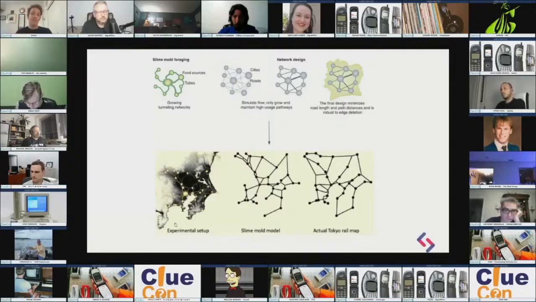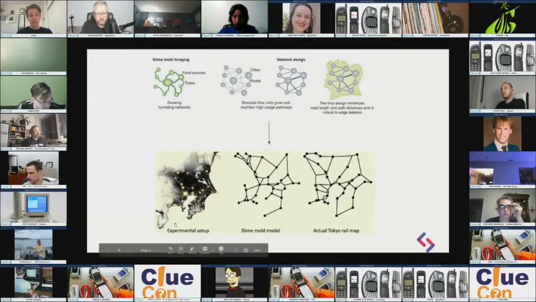So as the slide says, sort of at the final design, it started sort of over here with the food sources and little tubes. And then the network design for cities and railroads, it turns out humans have sort of optimized themselves along similar pathways. Down at the bottom here was an experimental setup done. I forget the exact researchers, but what they did was every little yellow dot there was a food source, and they simulated terrain with light and dark.